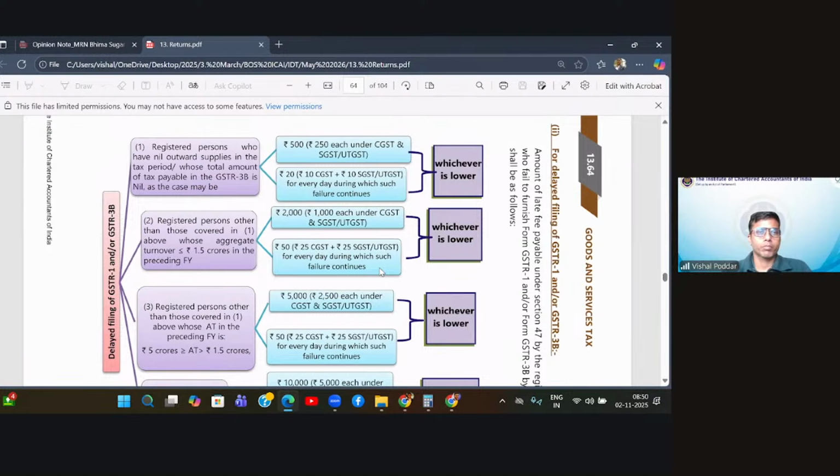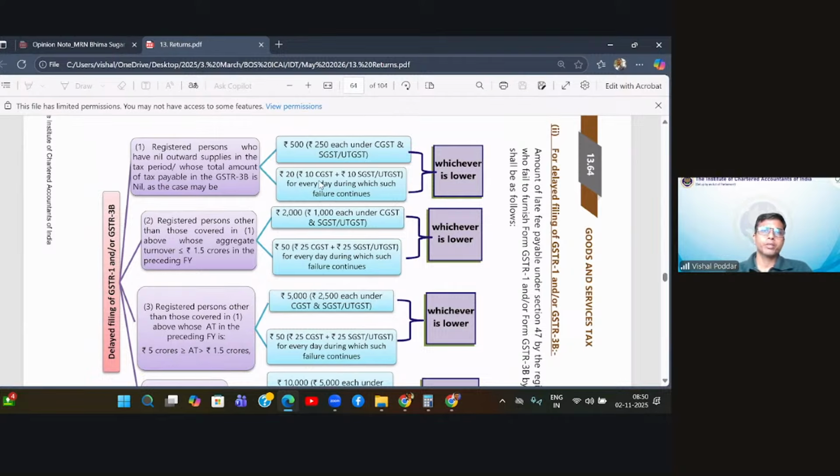Registered persons who have nil outward supplies in the tax period, whose total amount of tax payable in the GSTR 3B is nil, as the case may be. The late fee is rupees 500, 250 each, or rupees 20, that is 10 CGST and 10 SGST, for every day during which such failure continues, whichever is lower.